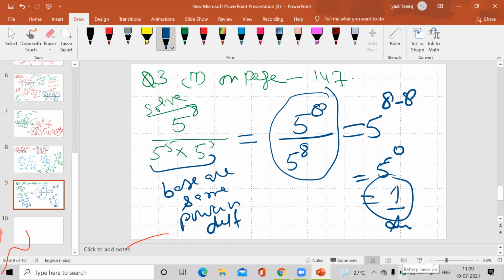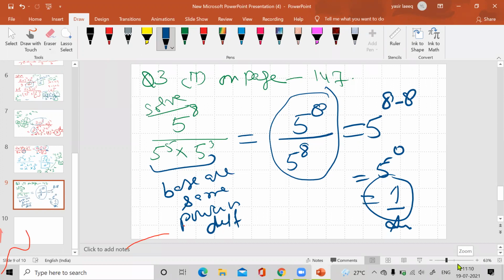2 to the power 7 divided by 2 to the power 3, bracket, into 2 power 5. So 7 minus 3 equals 4. 2 to the power 4 into 2 to the power 5. It's very easy. Just apply the rule, as it is a division, just subtract the powers, and when you subtract, first open the bracket.